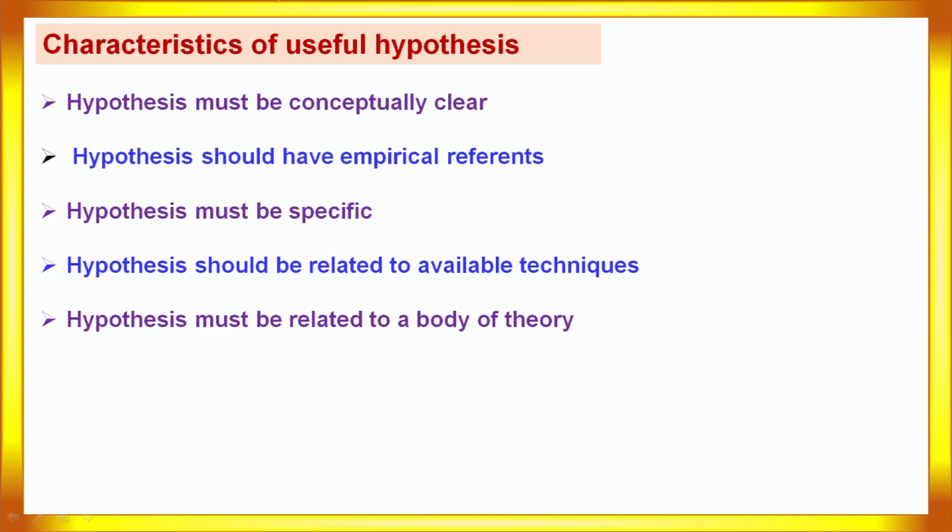So, at the time of hypothesis formation, the student must remember the purpose of the research is to either refute, modify or support a theory about social relations which is already there.